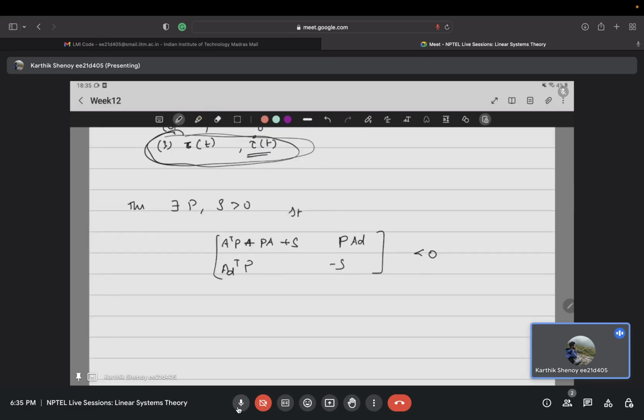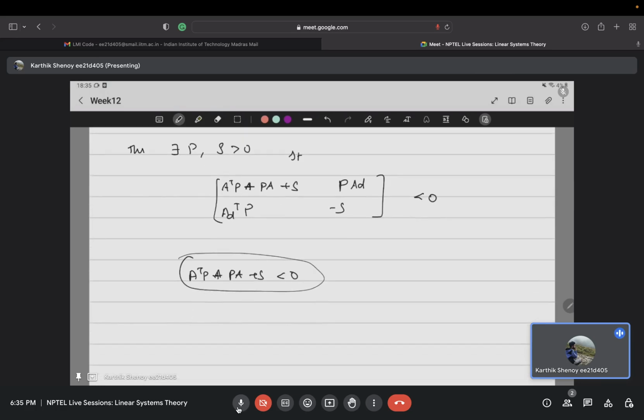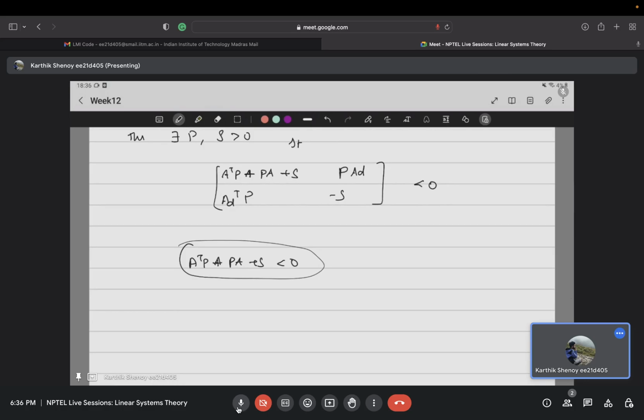So what does this tell me? A transpose P plus PA plus S is your usual Lyapunov condition. That's like a necessary condition, right? And what does the other part tell me? It's the Schur complement of this, so we can take the Schur complement of this.